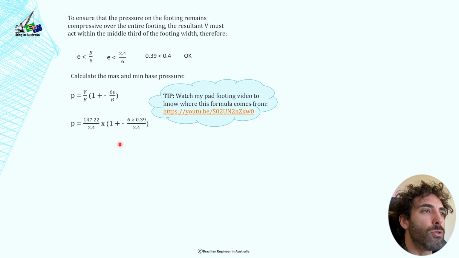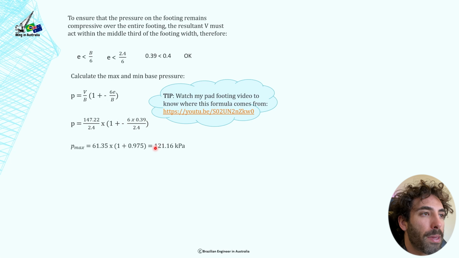So what we're gonna do, we need to find the pressure under the footing, right? That's why we're doing all these things. So the pressure under the footing is V divided by B times 1 plus or minus 6E divided by B. So we've got that V that we found before, 147.22 divided by 2.4 times 1 plus minus 6 times 0.39 divided by 2.4.